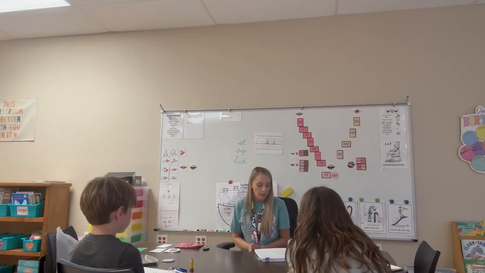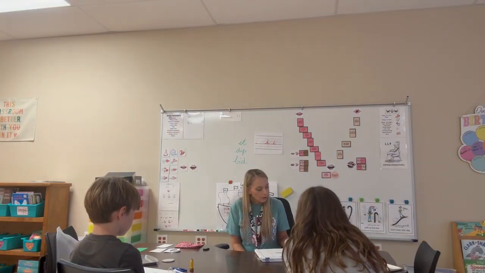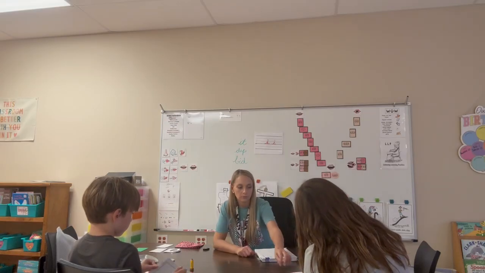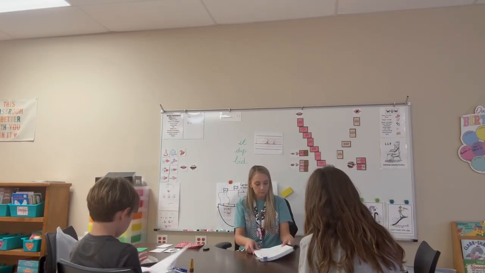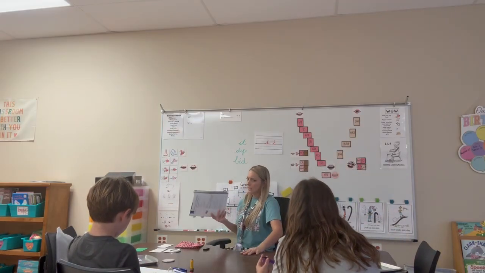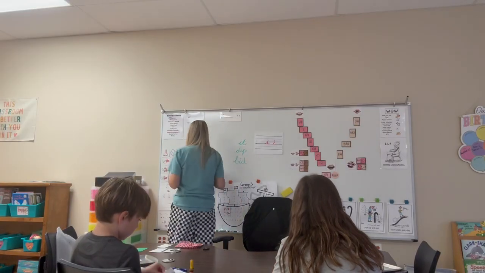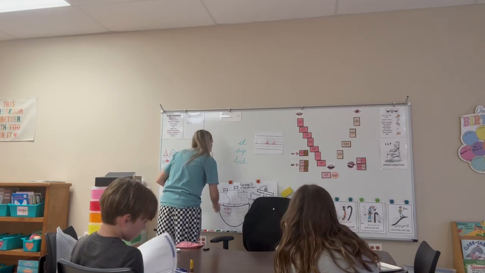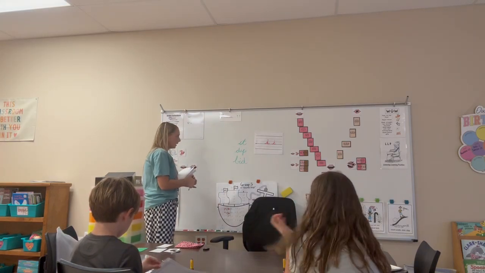All right, I want you to turn to your code and read. Can you turn to your code and read in your student book? Okay, so on the first page right here. All right, so we need to go over something really quick before we do that. So, a syllable has one vowel, okay?